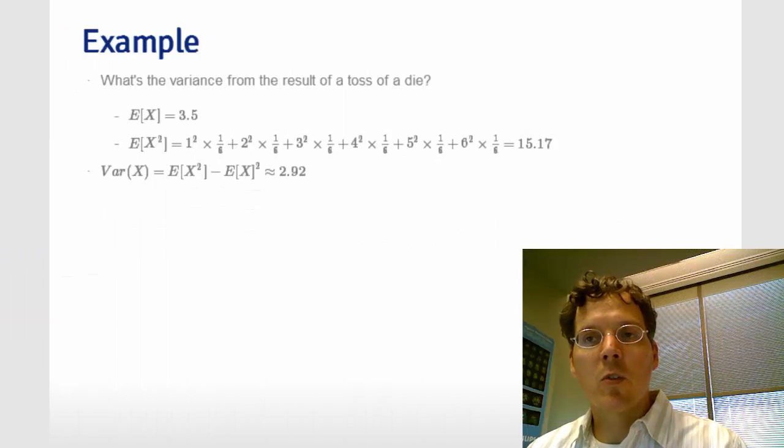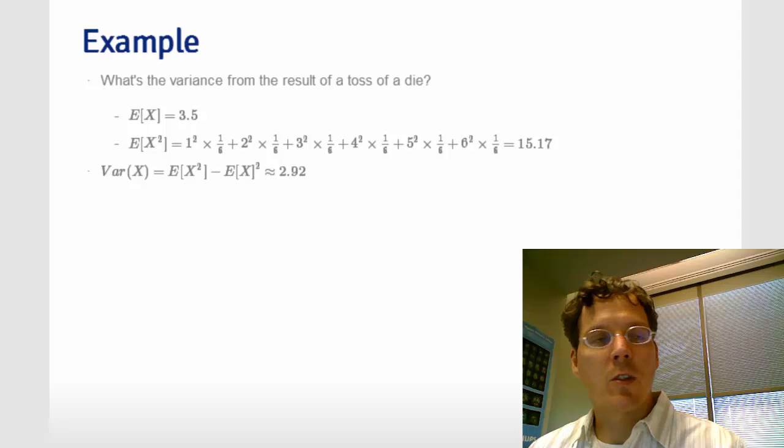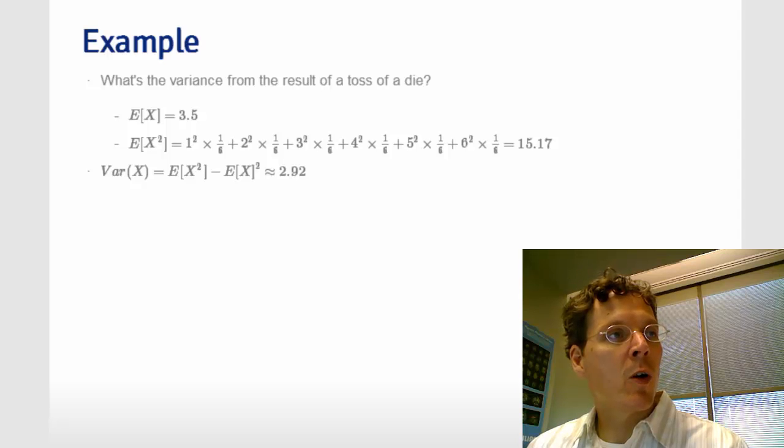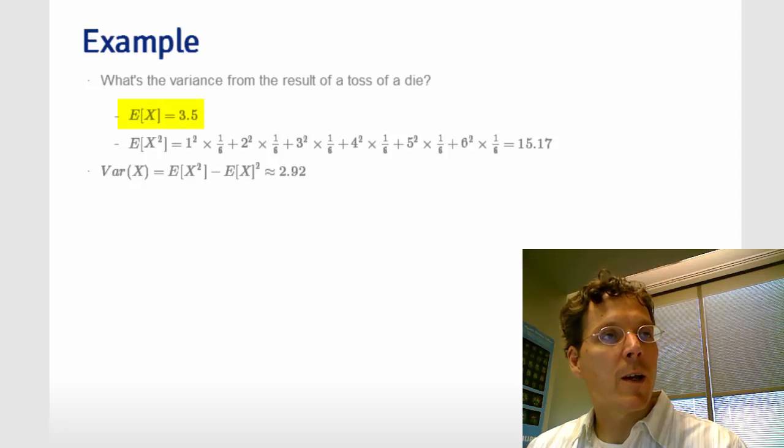In this class, we won't spend a lot of time calculating expected values, either means or variances of populations by hand, but I want to go through one such calculation. If we were to use our shortcut formula, recall from the last lecture, the expected value of x is 3.5 when x is the result of a toss of a die.